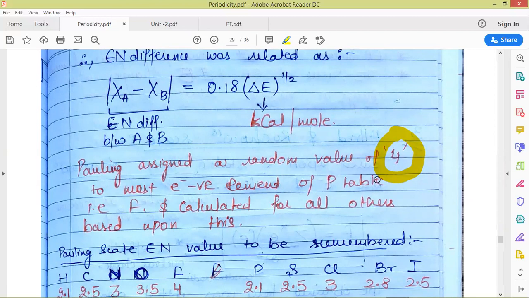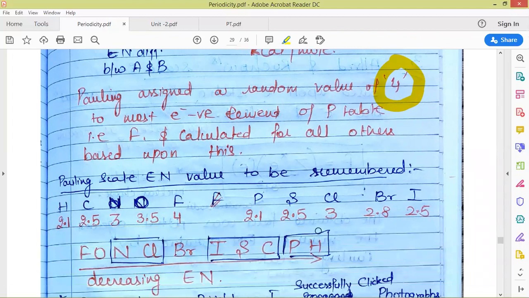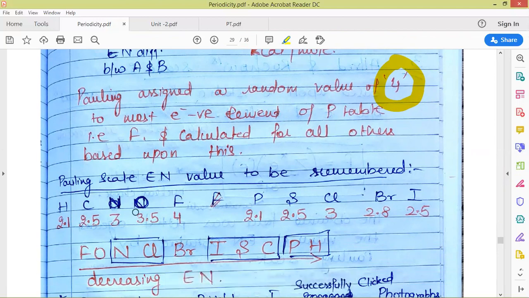Electronegativities of different elements were calculated using this equation in reference to fluorine, for which he took the value of 4. These are some important elements whose electronegativity values are to be memorized, as the Pauling scale is the most acceptable. Most questions based on electronegativity are asked from these elements, so their values are to be memorized.